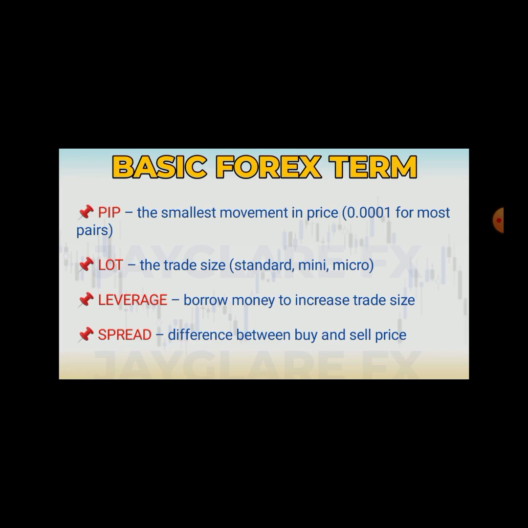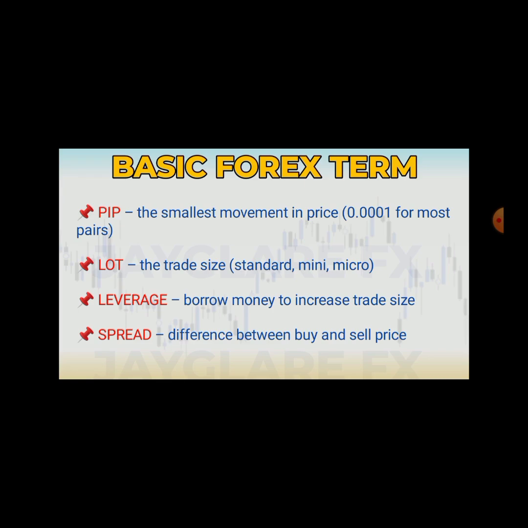So number one is pip. A pip is the smallest movement in price. Actually, I would say the price of the forex market is measured in pips. For example, if you look at your clock, if you want to know how much time has gone, all you have to check is seconds, minutes, and hours.